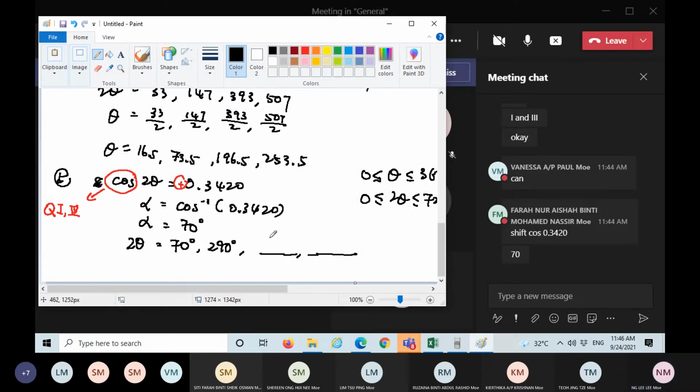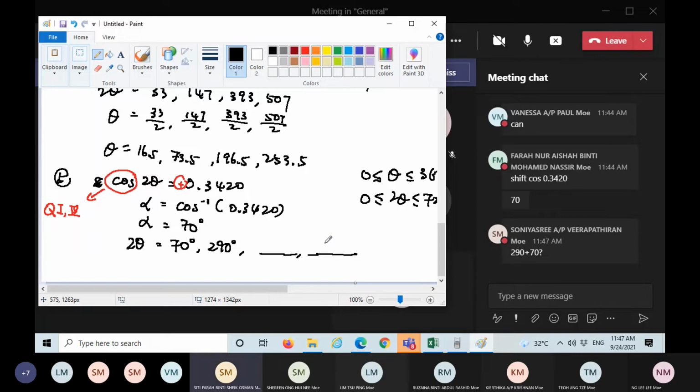No, not 180. Nothing to do with 180. Now I go 2 rounds already. This is the second round. This is the answer in the first round. This is the answer in the second round. So what should I plus? 360. 360 plus what?